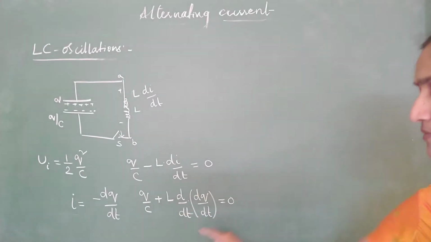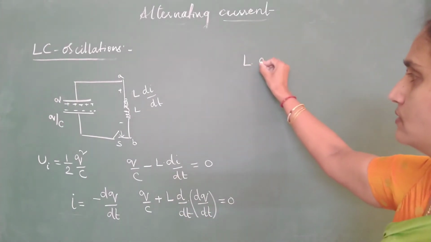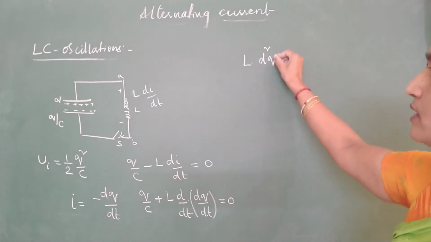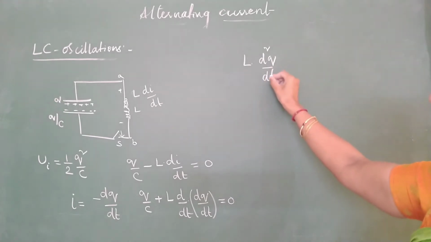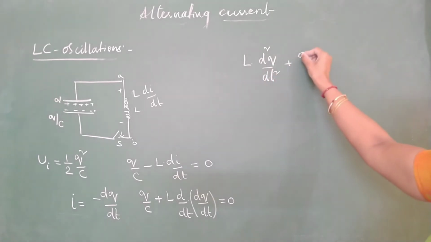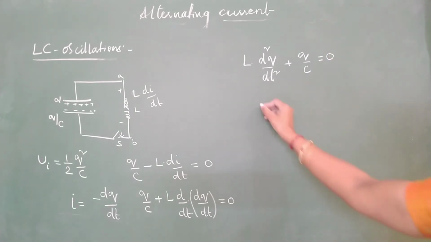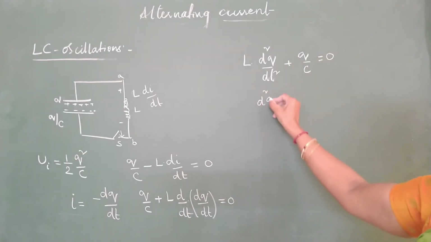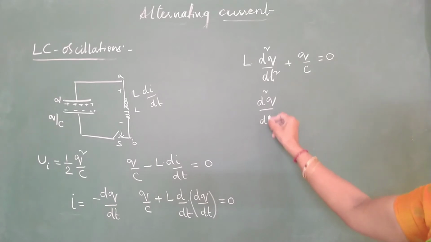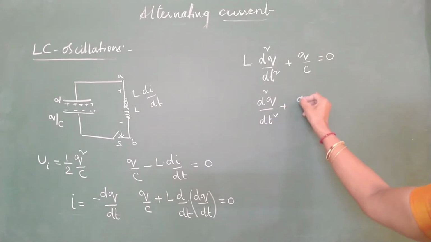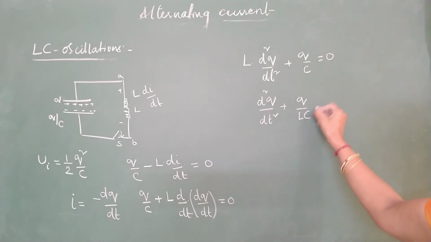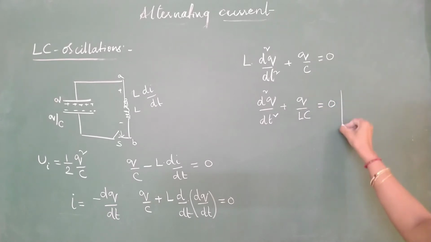Okay, I will write this term first: L into d square q by dt square plus q by c is equal to 0, or d square q by dt square plus q by LC should be equal to 0.